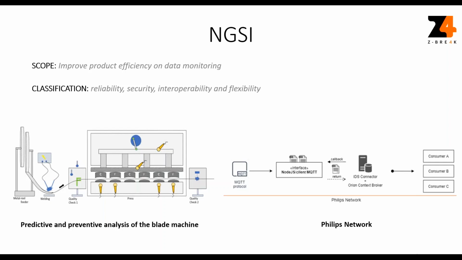Then the exchange of information occurs through the IDS connector to get and convert data into NGSI format. All the data to be monitored is sent to the Orion Context Broker.